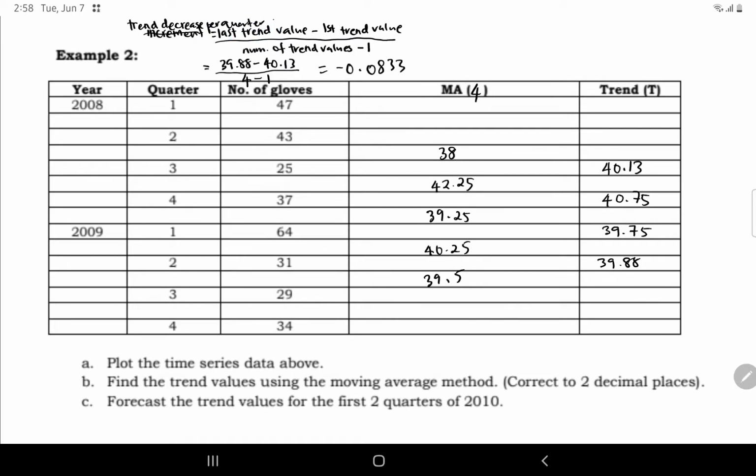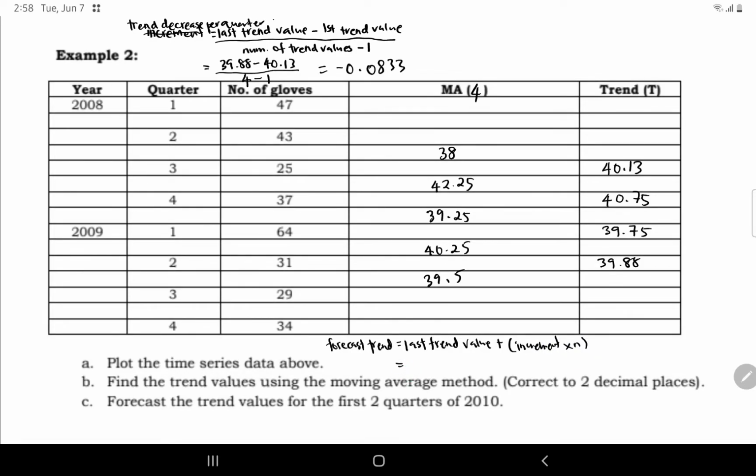Okay, and then kita nak forecast. Okay, nak forecast pula. So formula for forecast the trend, okay, based on the previous slide juga. Okay, formula dia forecast trend is last trend value plus increment times n.